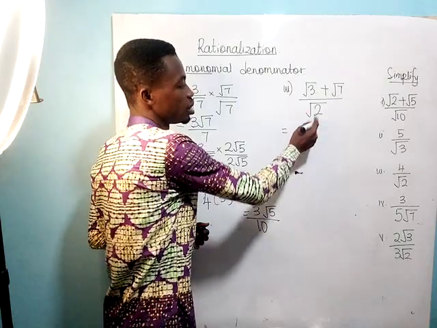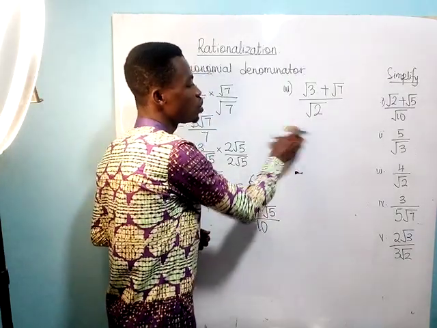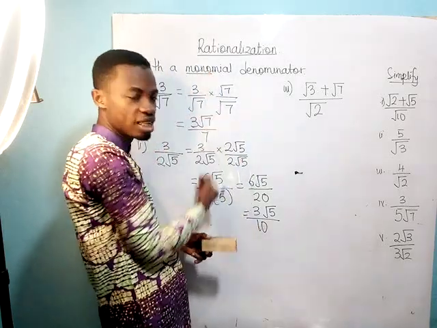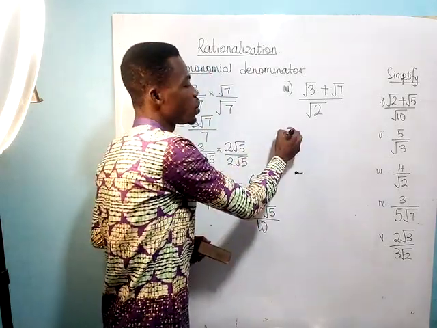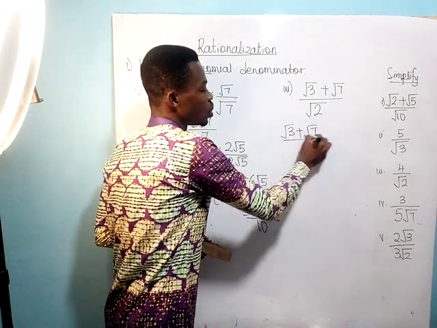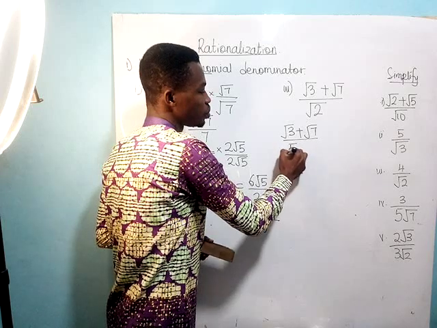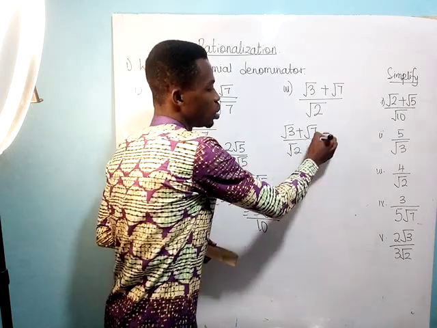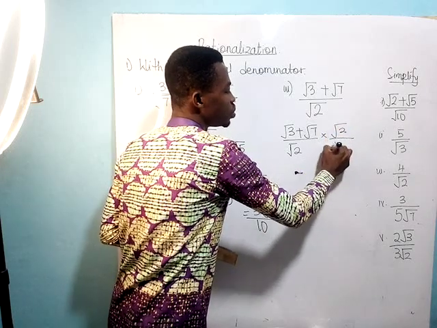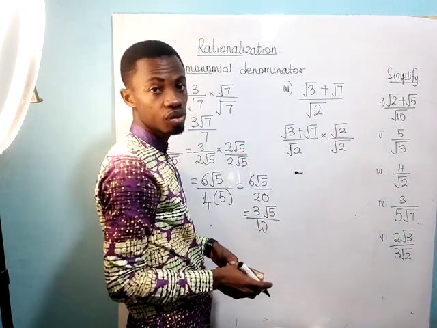So here, our main focus is to do away with the surd, which is the denominator. So from what we've learned here, we apply it. We multiply the numerator and the denominator by square root of 2 over square root of 2.